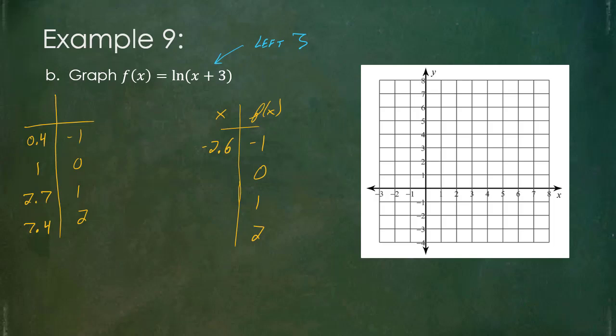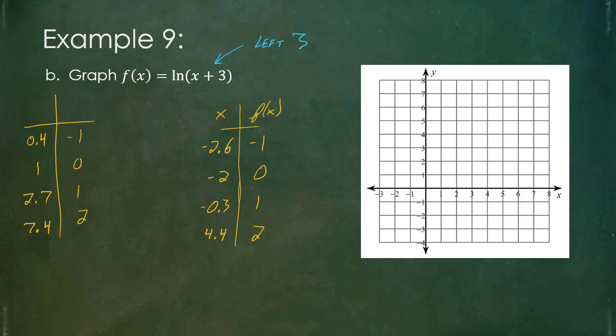If I take 1 and take away 3 from it, that should go to a -2. 2.7, if I subtract 3 from it, that should turn into like a -0.3. And then 7.4, if I subtract 3 from that, that actually would turn into 4.4.